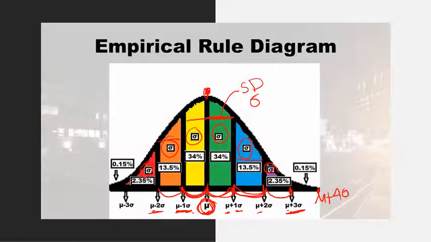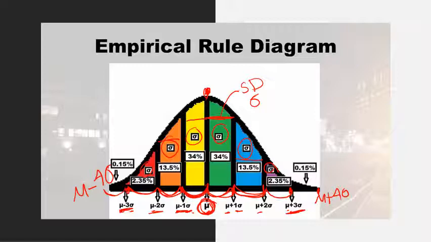This one right here is the mean minus 3 standard deviations because again we moved 1, 2, and then 3. And of course this one would be the mean minus 4 standard deviations. So this is what all this means.